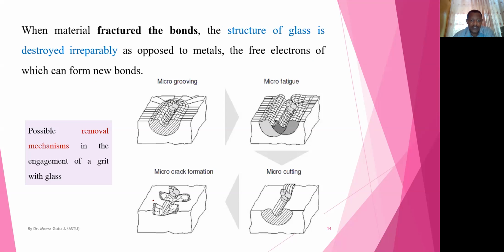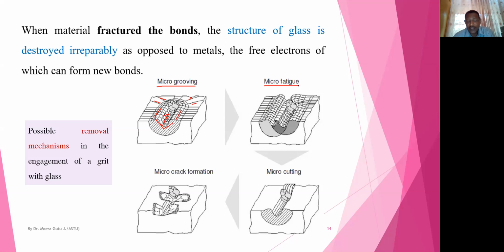When machining ceramics, the material removal is in the form of micro grooves. Here, in the micro grooves, you will see the groove depth and the groove width, and the machining is in this direction. You will see the fracture here. During glass machining, it will fracture, and this fracture can easily propagate into the workpiece material.